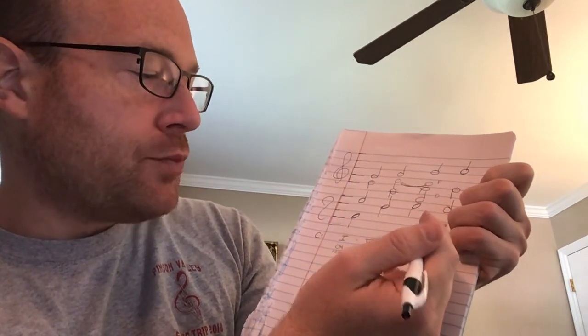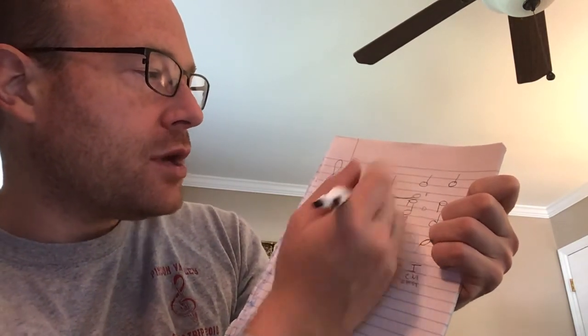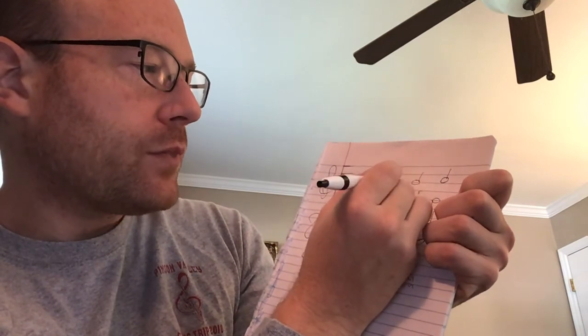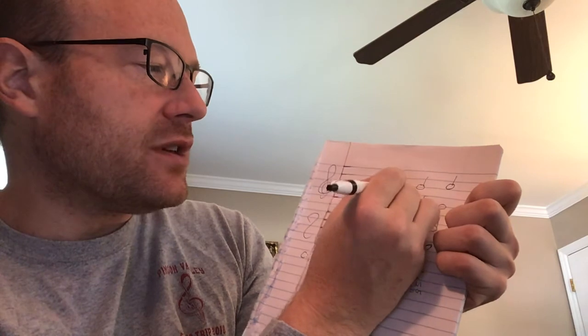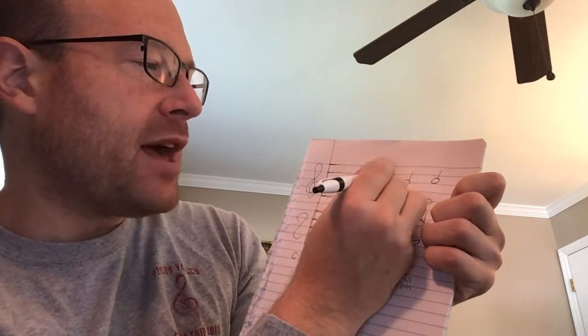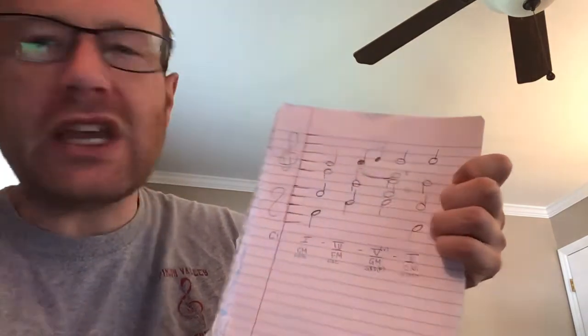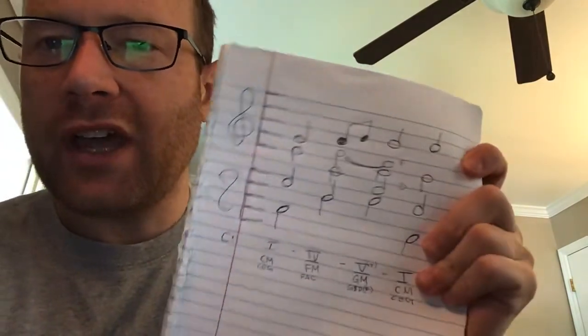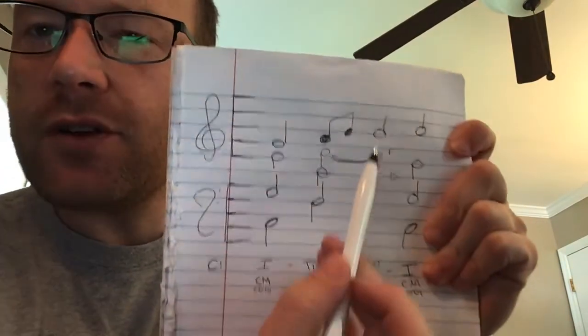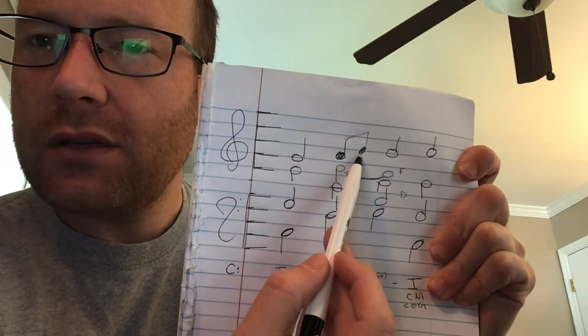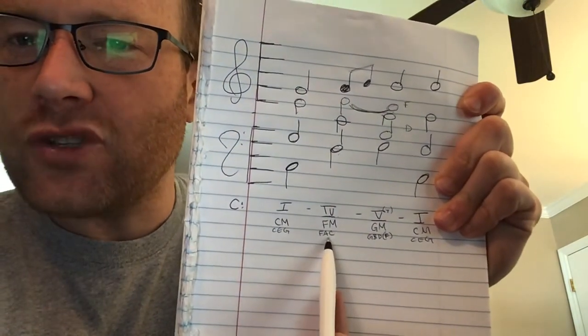Because what I can do is, let's say I want to put in a non-chord tone here. Okay, so what would happen is, let's say I want to do this. I want my melody to move here in eighth notes. So what happens there is all of a sudden now you have a B as a part of this F major chord.